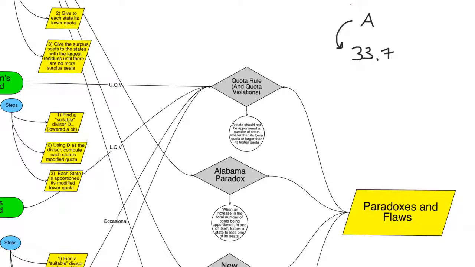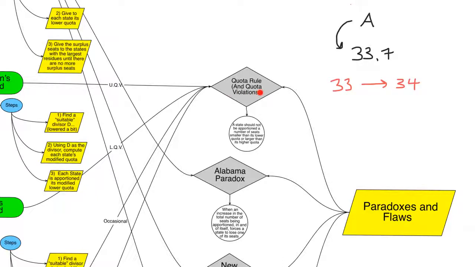What that effectively means is that, in essence, state A should get 33.7 seats of Congress. Now, due to the problem of apportionment, that is, of course, not possible. But it's important to keep in mind that there is the lower quota, also known as 33, and the upper quota is the next integer above that. That's going to be 34.